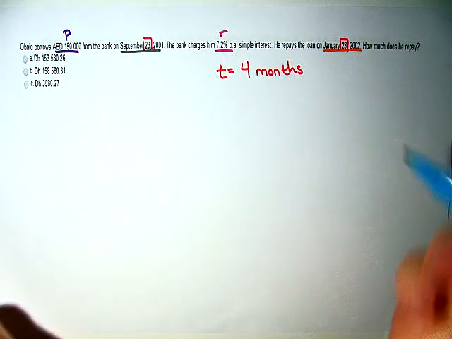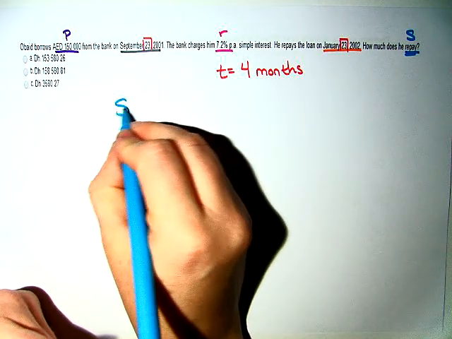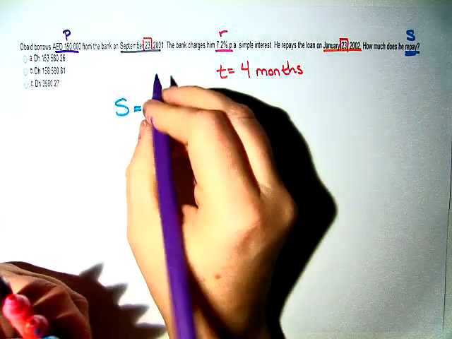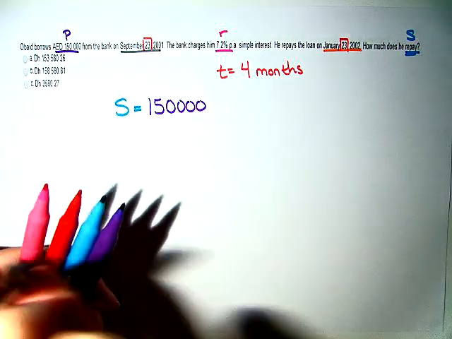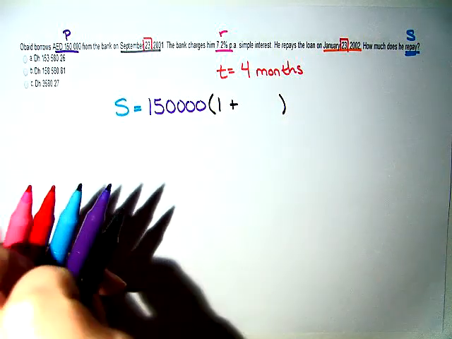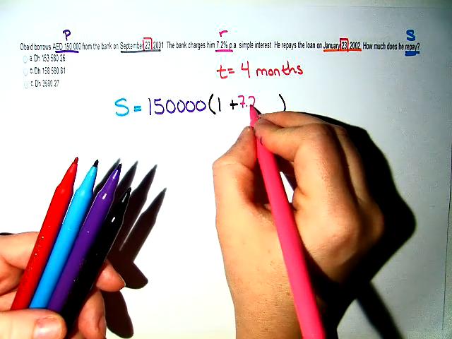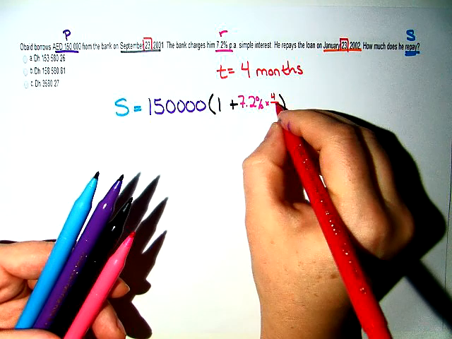We want to know how much he repays, so they're asking about the S. S equals 150,000 times (1 plus, my rate is 7.2%, and we're going to multiply this by 4 over 12).